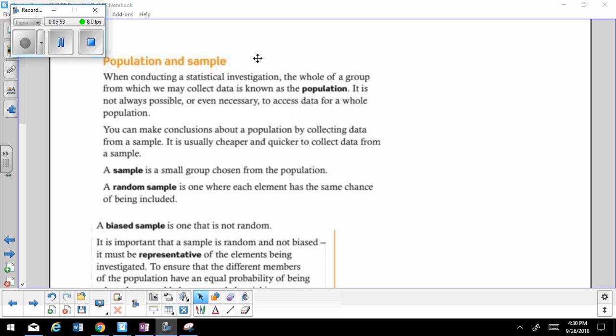A biased sample is one where you don't randomly select people. So if people are coming into a certain store and you want to know the type of people that shop there, but you're only picking people who... Okay, so an example of a biased sample: if you're trying to figure out all the people that eat at a restaurant throughout the day, and you want to figure out what kind of person eats at that restaurant.